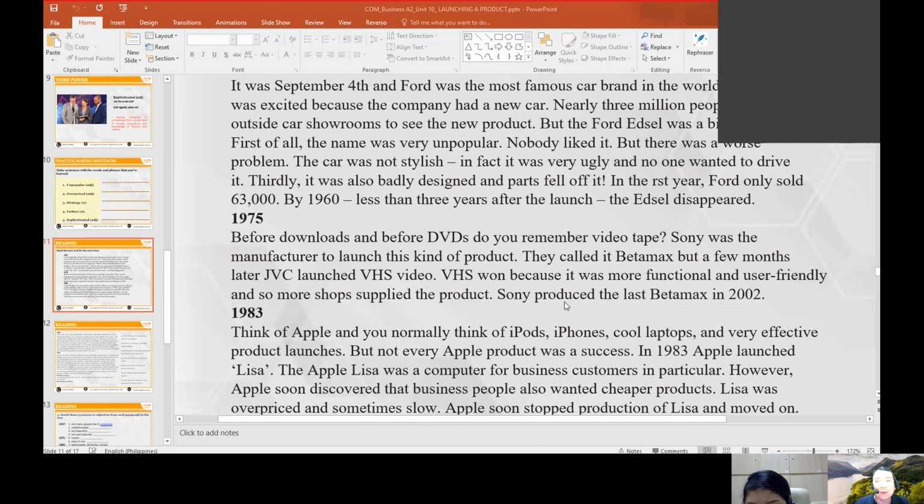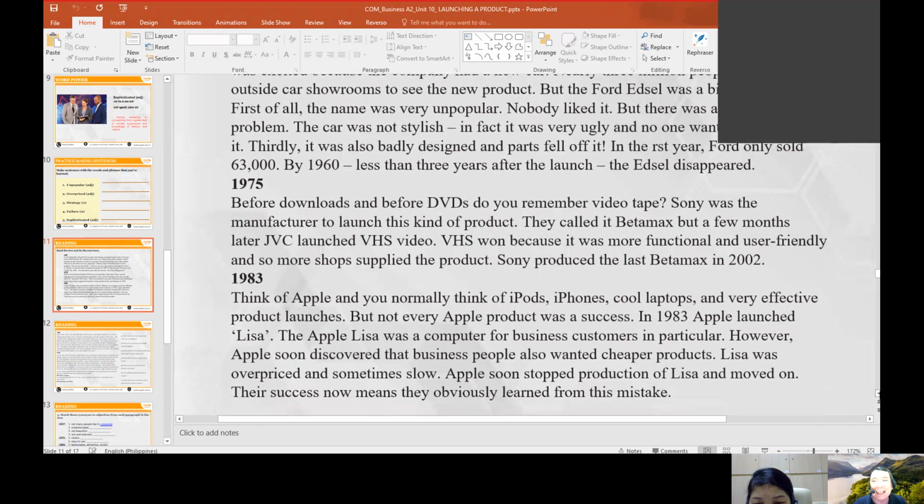Sony produced the last Betamax in 2002. Wow, it's long, huh? From 1975 up to 2002.